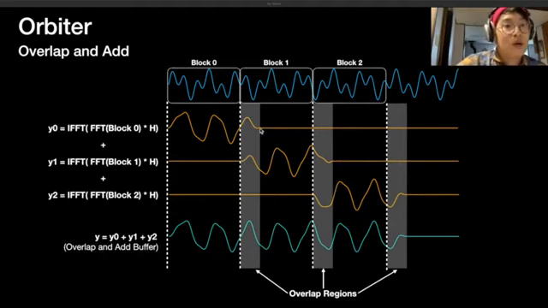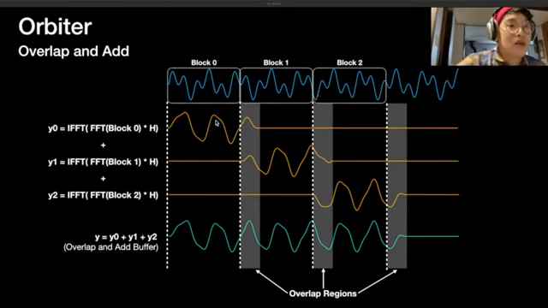Now I haven't quite added the results of block 1 and block 2 into the overlap and add buffer yet. But when I sum these, then you would get this resultant waveform in green. And so this waveform looks the same as if you had taken these 3 blocks and processed it all at once. And that's sort of the magic of overlap and add processing.